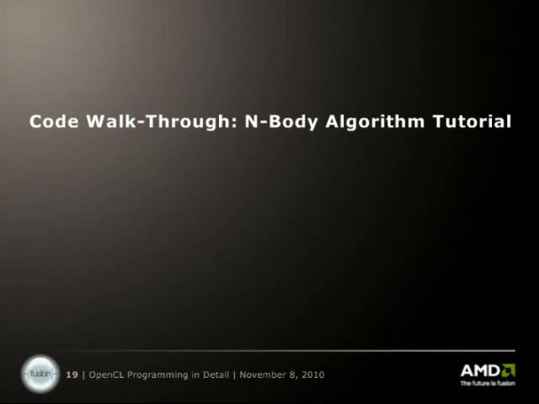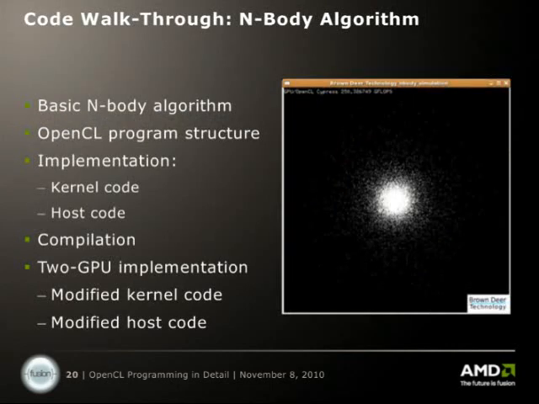All right, now I want to move on to the main focus of the presentation, which is a code walkthrough of the implementation of an n-body algorithm. So here's an overview of what I want to discuss. I'm going to discuss the basic n-body algorithm itself, and then I'm going to discuss what the OpenCL program structure is that you would use to implement this algorithm.